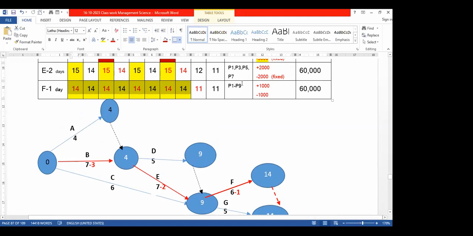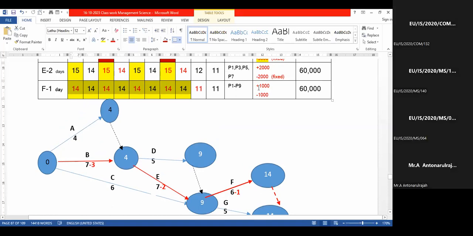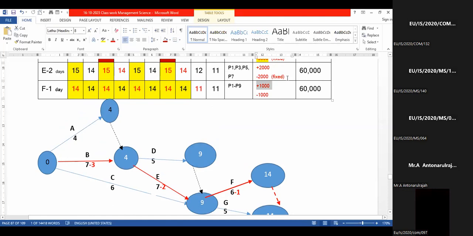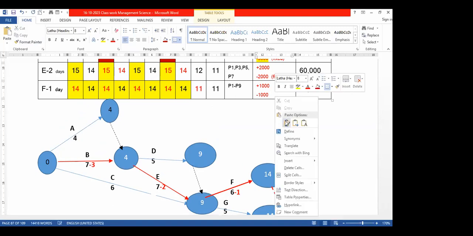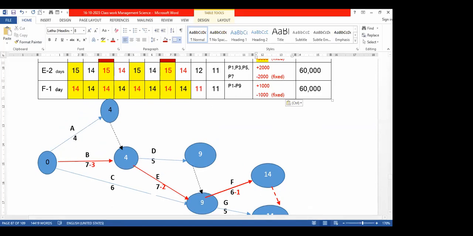Right? So the activity cost will increase by 1000, and the fixed cost will reduce by 1000. So therefore no changes. So the cost again remains as 60,000.